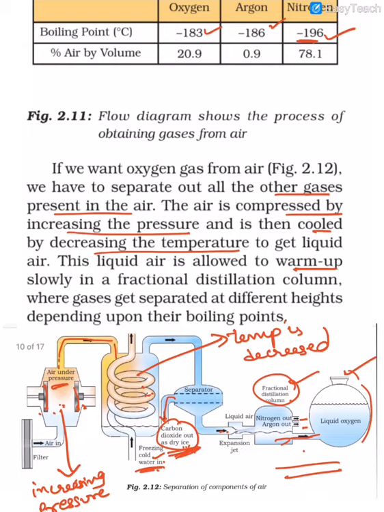The boiling point of nitrogen is the least, so it boils first and comes out first, then argon, and the last part is oxygen. Then you can collect liquid oxygen. In this way we are separating gases from the air.